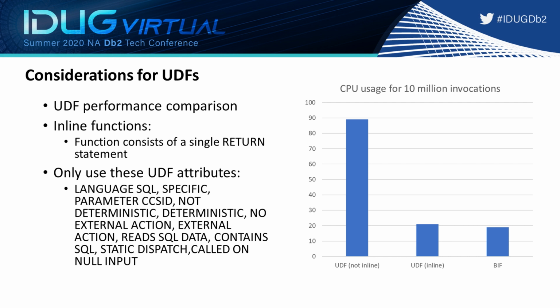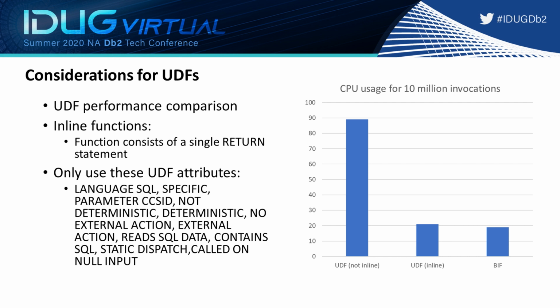Of course, this will not always be possible, but if it is, then you can get a so-called inline function if you restrict yourself to the function attributes that you see here in the bottom half of the slide. When executed, Db2 basically inlines the expression behind the return statement into the calling select statement, hence the name inline function. Technically, no function invocation takes place, and that improves the performance dramatically.